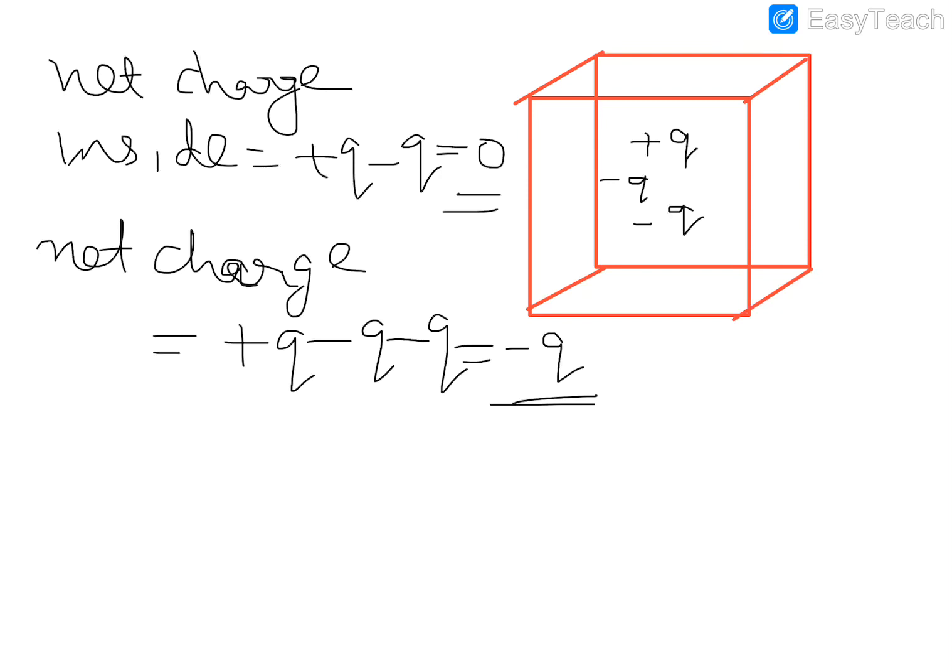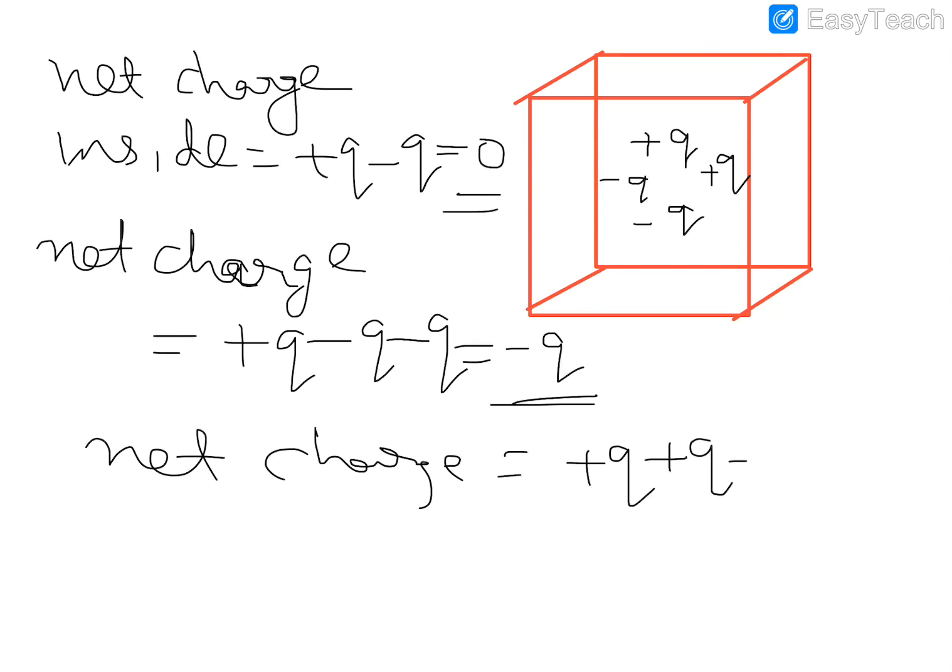If there is one more plus q, then the net charge will be plus q minus q minus q plus q, that is 0. This is how you can find the net charge enclosed inside an object. All these charges are inside the cube, so the net charge enclosed is calculated by adding all those charges.